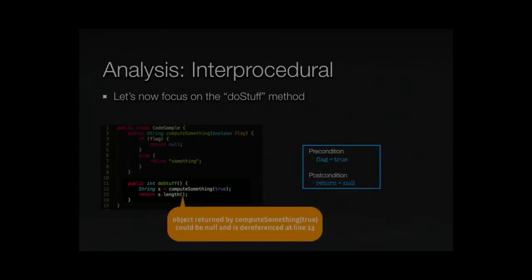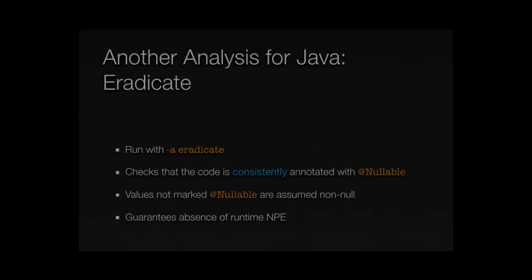That's it for how Infer works in its main mode of operation. I want to briefly talk about two other modes of operation. One is eradicate. So in Java, objects can be null. And if you wish it wasn't so, you can use eradicate.